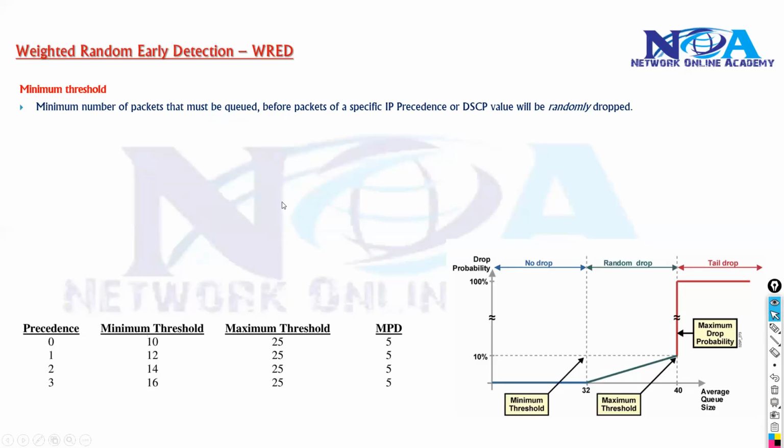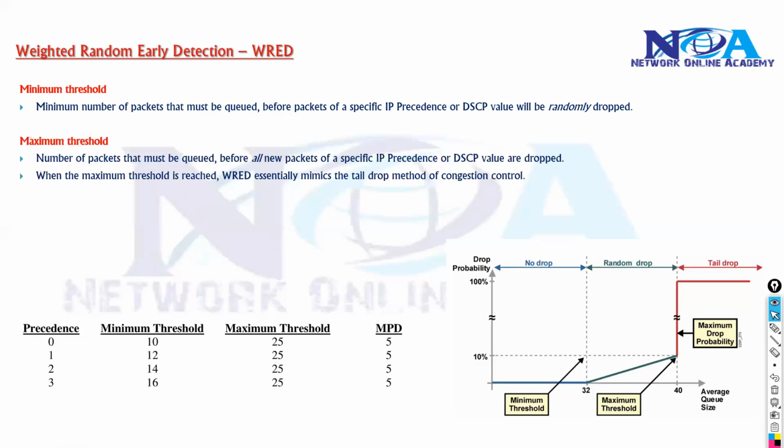There is also something called the maximum threshold. Anything between the minimum and the maximum, in this example, let's say the precedence value is 0 and the number of packets waiting in the queue goes to 20, which is between 10 and 25, it will start doing the random drop.